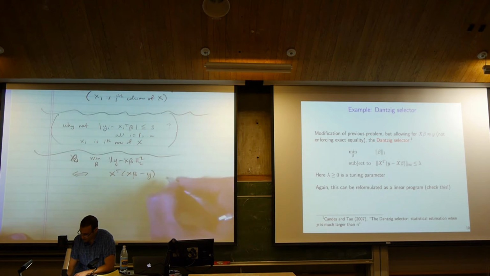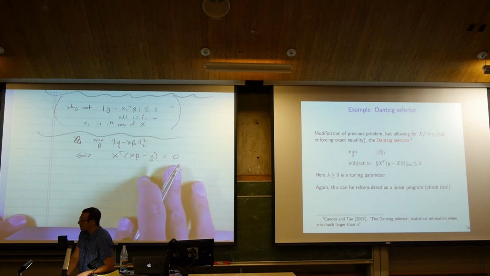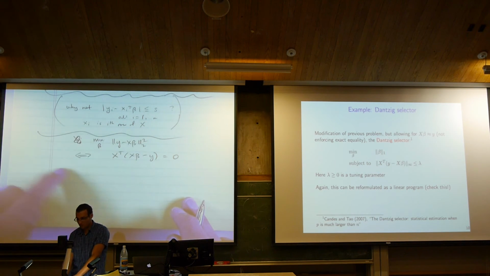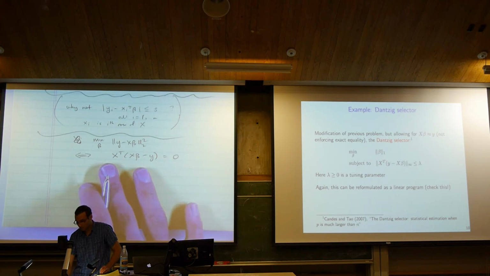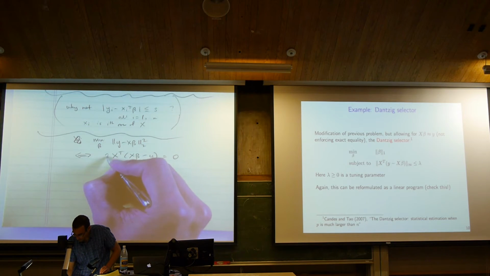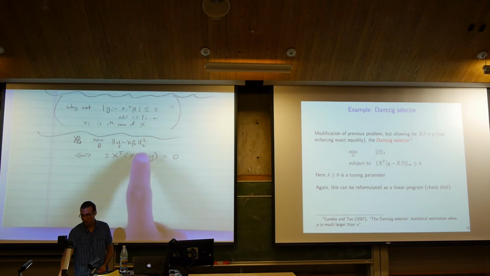This should hopefully be very natural to you after you shake off the rust from the chain rule and multivariable calculus. If this was one-dimensional, it would be very similar. I guess I missed the 2, but I'm setting it equal to 0 anyway. So this is just applying the chain rule to this function.